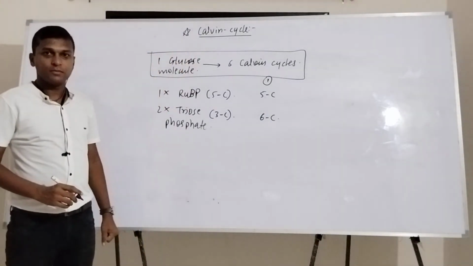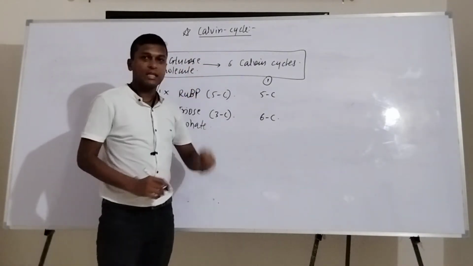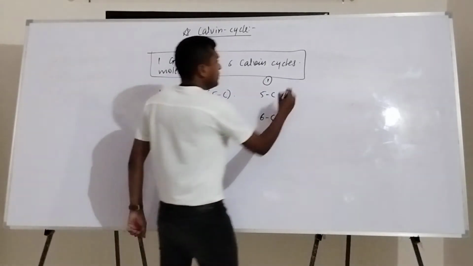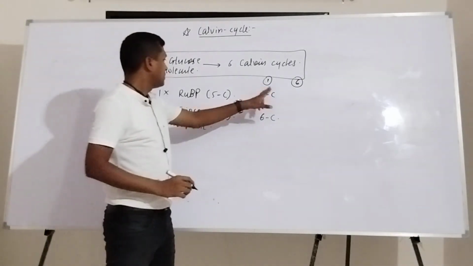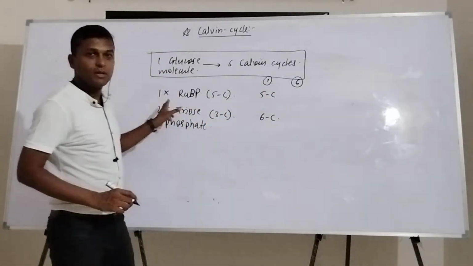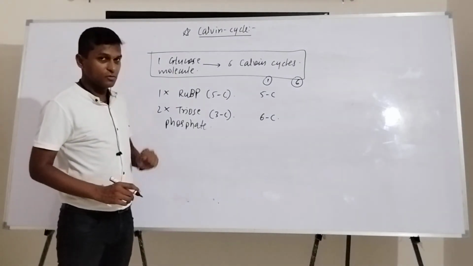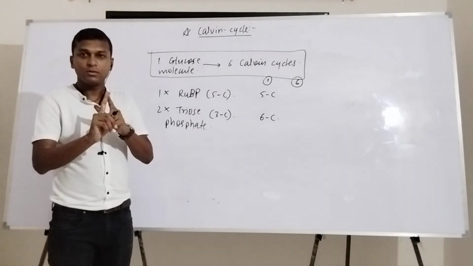Now, this is when one Calvin cycle is done. For the production of one glucose molecule, you will require 6 Calvin cycles. 1 Calvin cycle will produce these many, then 6 Calvin cycles will be able to produce more. In case of RUBP, how many RUBP molecules will be used? 6 RUBP molecules will be used. In 1 Calvin cycle, 1 RUBP molecule is used.